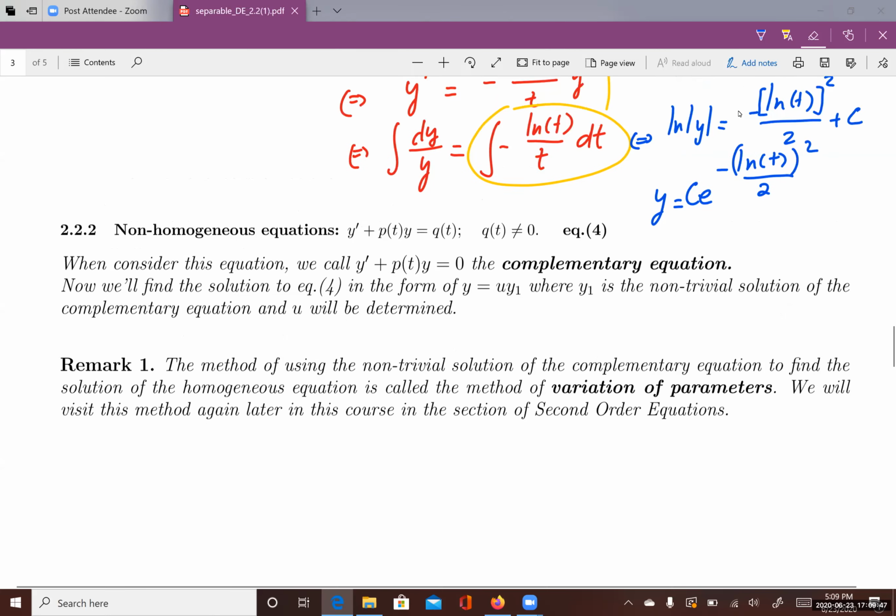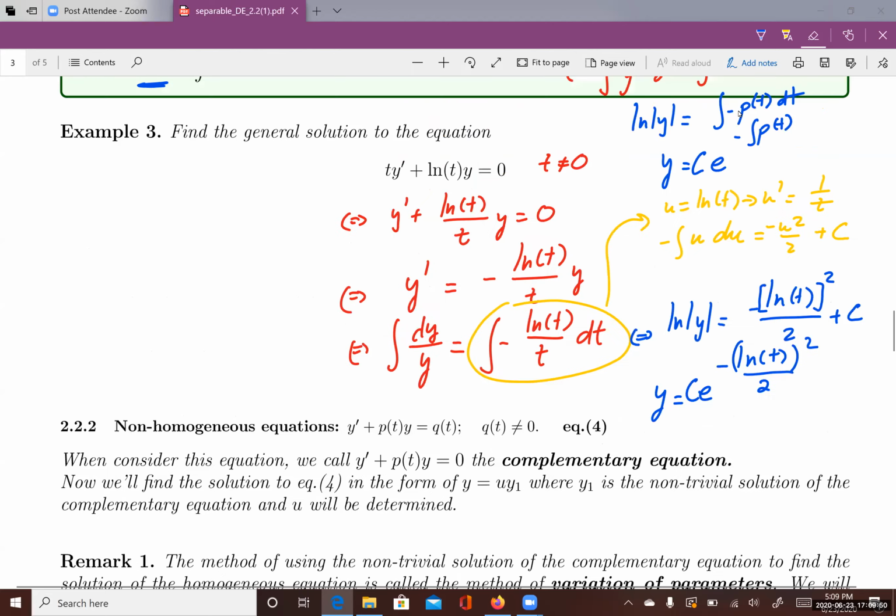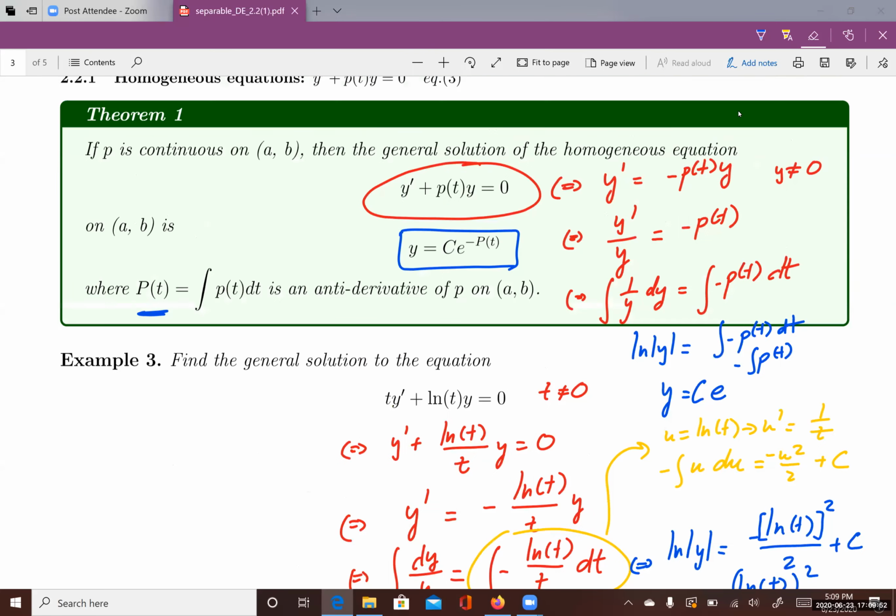Well, that's how we solve for a homogeneous equation, right, using separable equation.